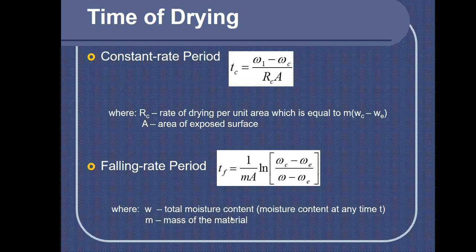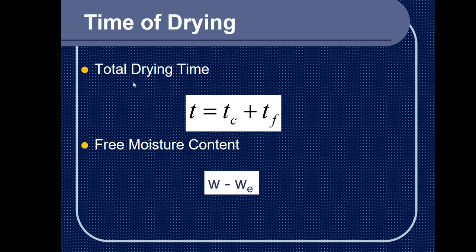So this total moisture content I mentioned a while ago is the total moisture content of your material measured at any particular time, not of air. I stand corrected. So the total drying time is the sum of the time for the constant rate period and the time for the falling rate period.